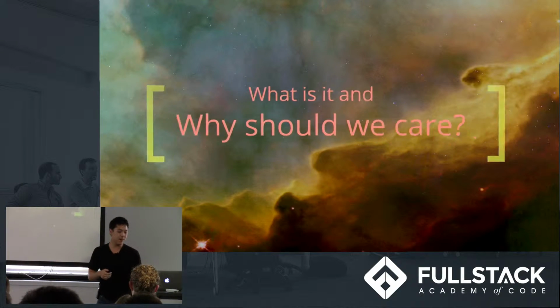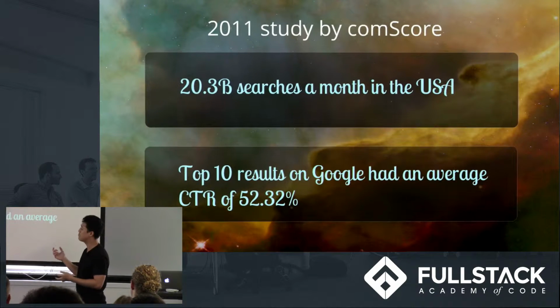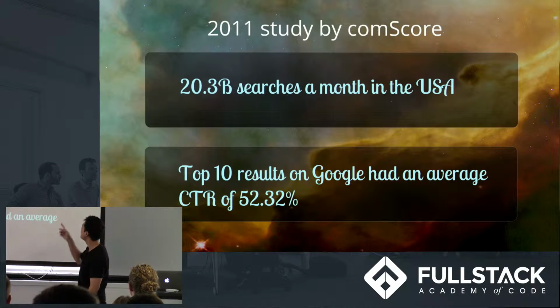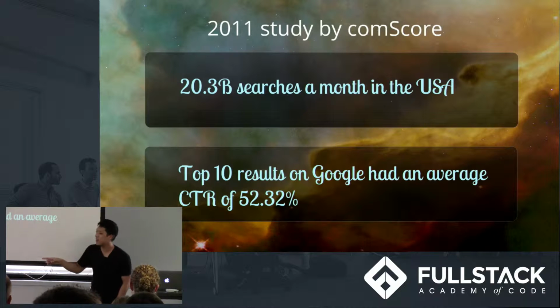This study by ComScore shows us just how much people actually Google and use online search engines. In 2011, in just 1 month in the USA, people Googled more than 20 billion times. And the top 10 results on Google had an average click-through rate of higher than 50%. Click-through rate is a very important metric, and it's simply the number of times your link gets clicked divided by the number of times your link is shown.